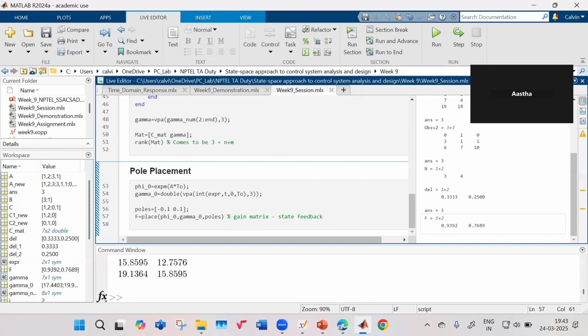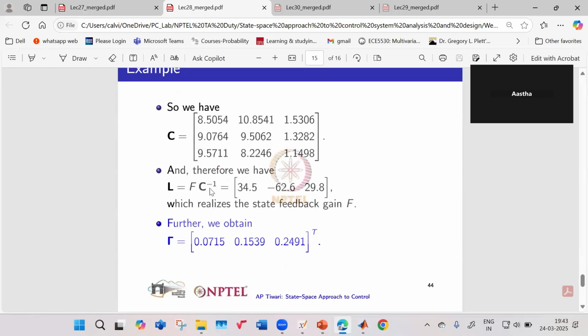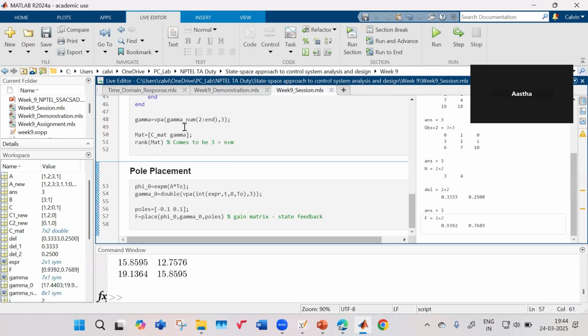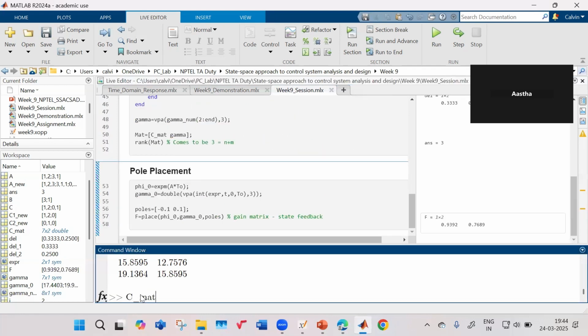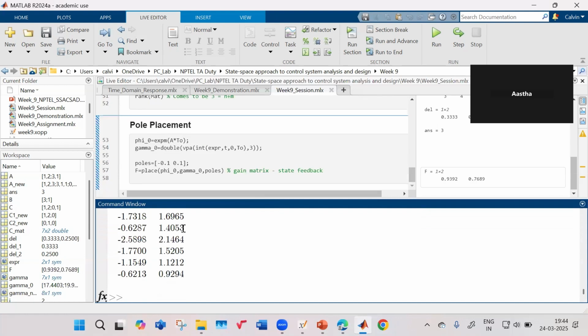Then we got the phi, we got gamma, we have a C matrix. What is our C matrix? This is our C matrix, right? This is our huge C matrix. 1, 2, 3, 4, 5, 1, 2, 3, 4, 5, 6, 7.